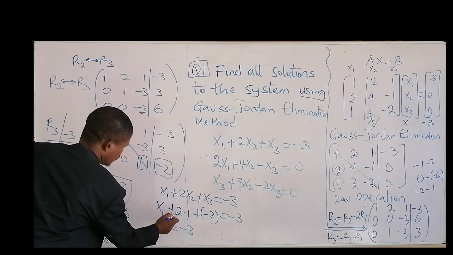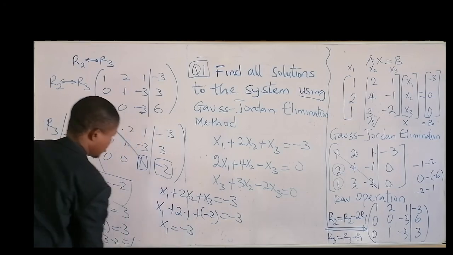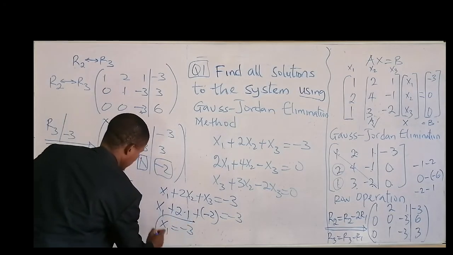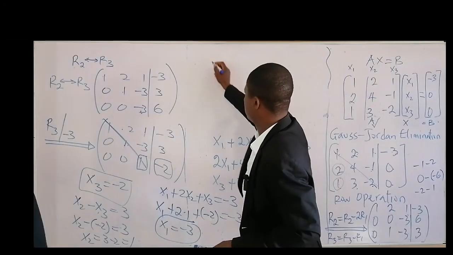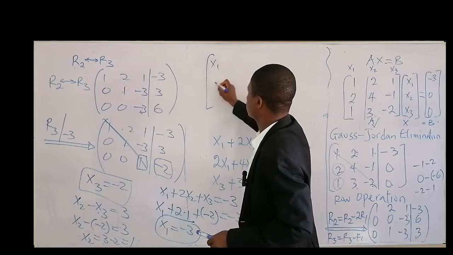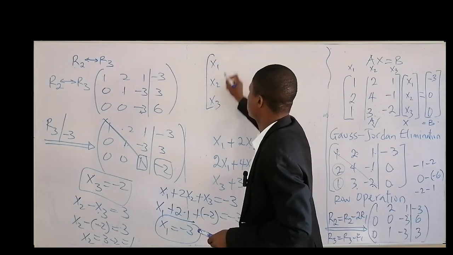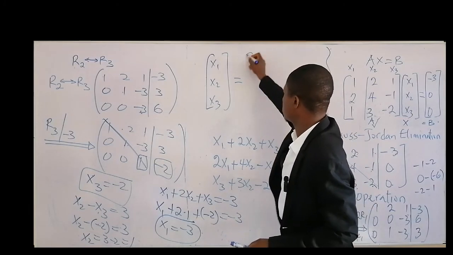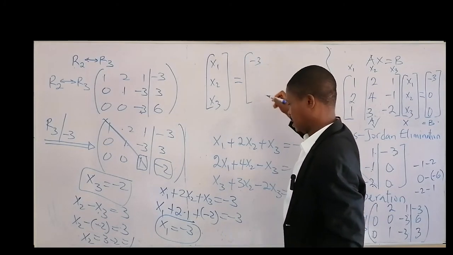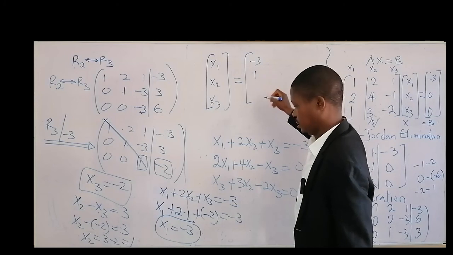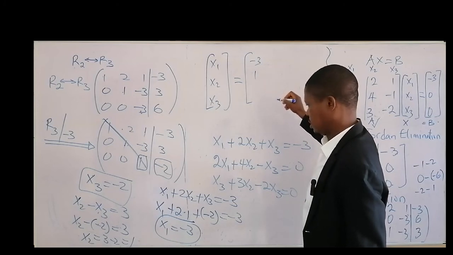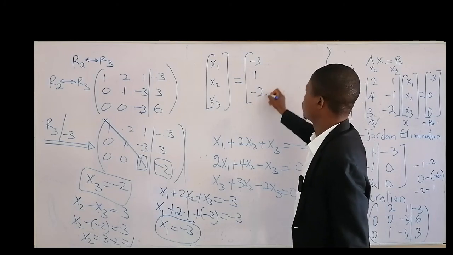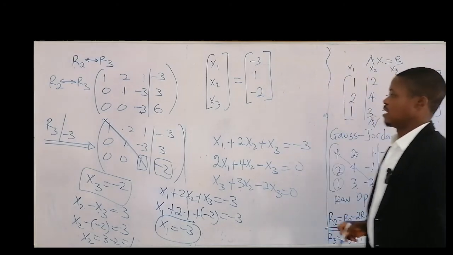This is 2, this is minus 2, so that cancels. So x1 is minus 3. To write the answer in column form, x1, x2, x3 will be equal to: my first one is minus 3, my second one, x2, is 1, and x3 is minus 2. So that finished the solution.